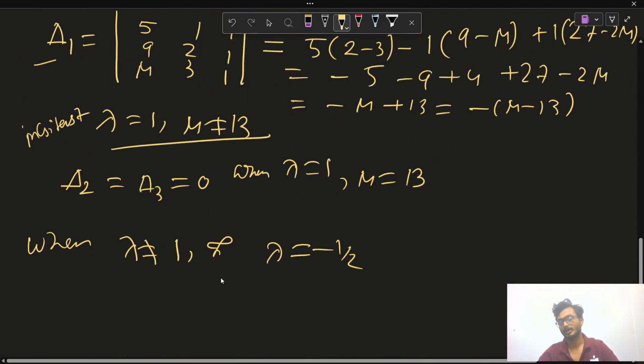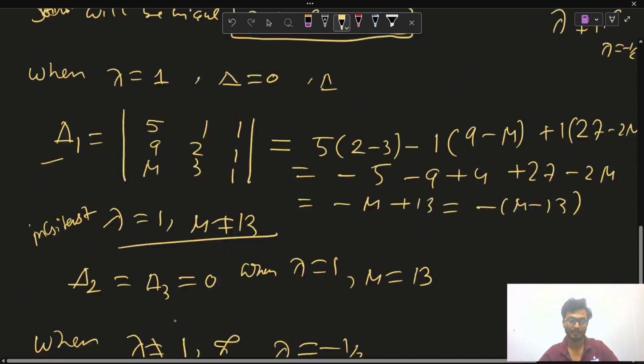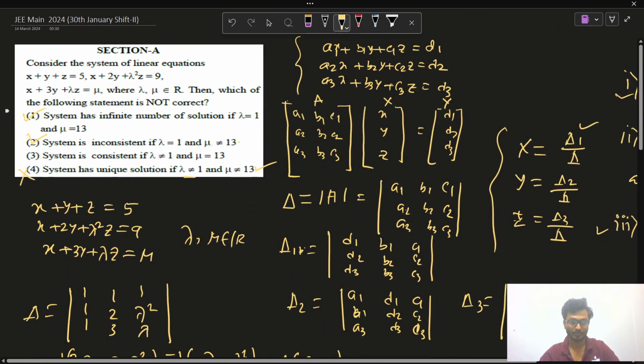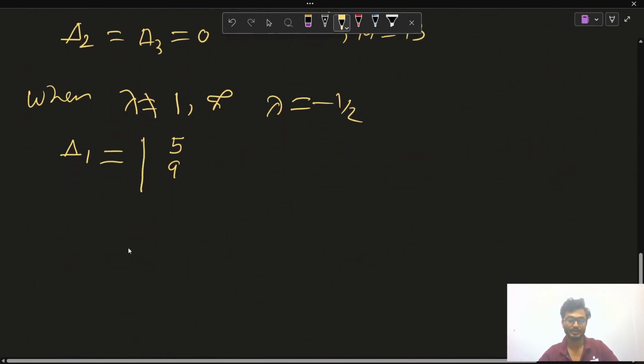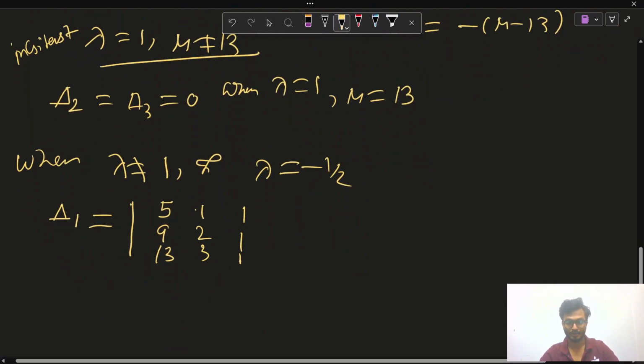But in the worst case, what will happen? Lambda not equals 1 and lambda equals minus half. If this happens, then you check delta 1. Delta 1 has 5, 9, and for that option mu is 13, so 5, 9, 13, then 1 2 3, 1 1 1.